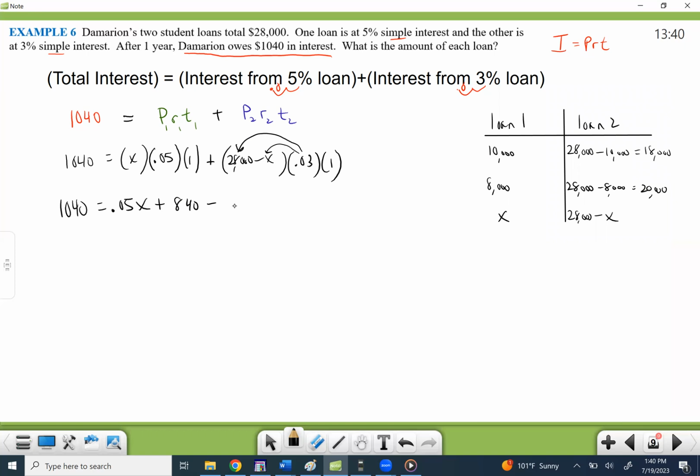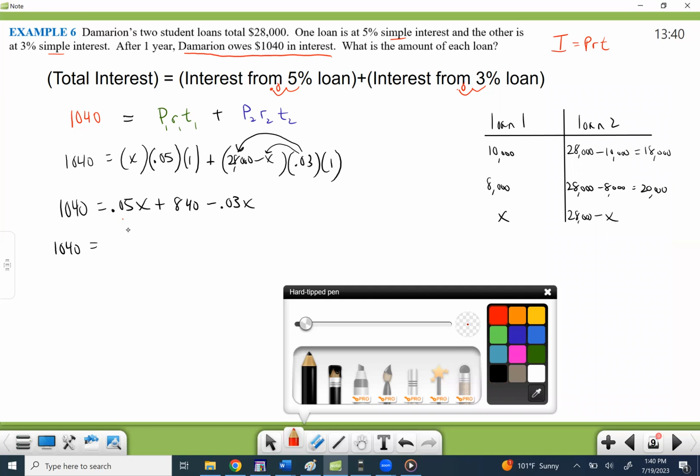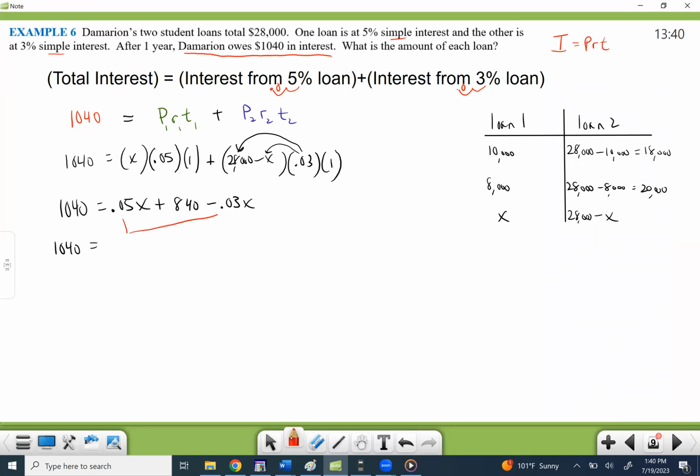And then 0.03 times X is just 0.03x. And we'll combine like terms. The like terms here being the 0.05x minus 0.03x to give us 0.02x.